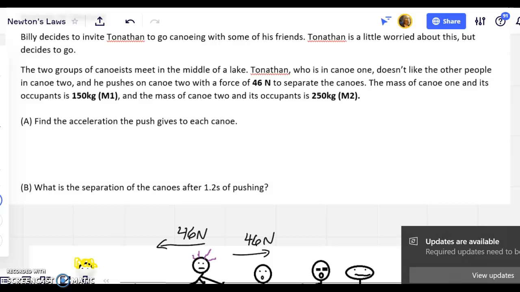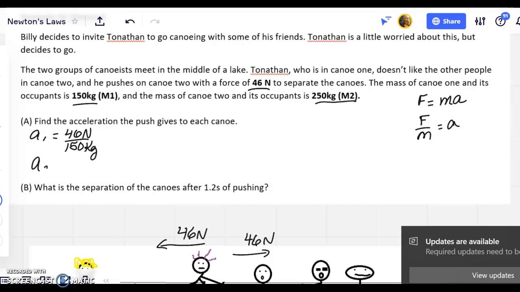We know the force is the same. We know the mass of canoe 1 and the mass of canoe 2. Remember that force is equal to mass times acceleration, so force divided by mass is acceleration. The acceleration of canoe 1 is 46 newtons divided by 150 kilograms.